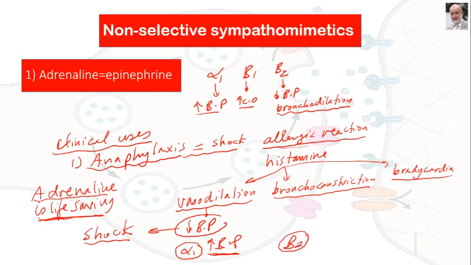This is the second antagonism of histamine action. Third, it will act on beta-1 receptors in the heart, increasing the cardiac output. This is the third antagonism. So when we give adrenaline, we antagonize all the effects of histamine.